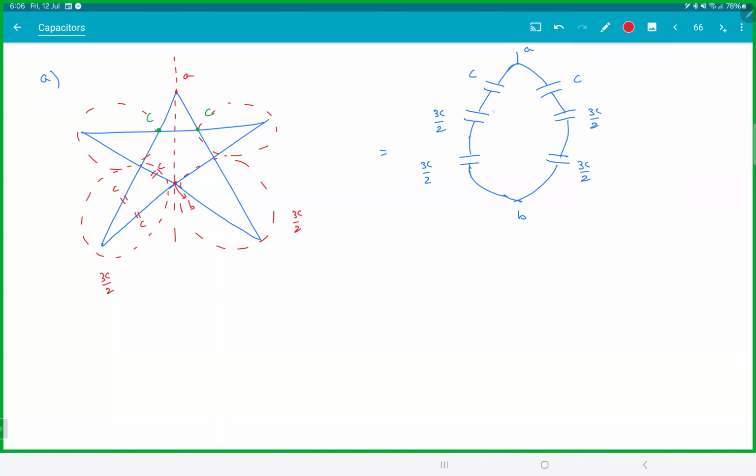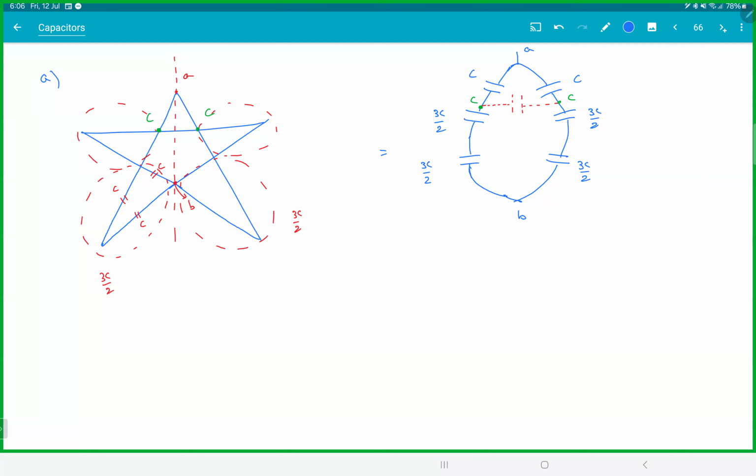And this capacitor in the middle, right? This can be removed. Make sense? Because this point and this point have same potential, that capacitor can be removed. This was point C and this was point C. You could have folded it also, but it is the same thing.